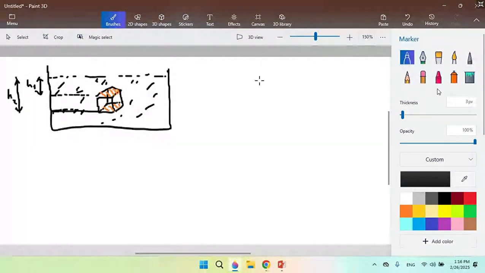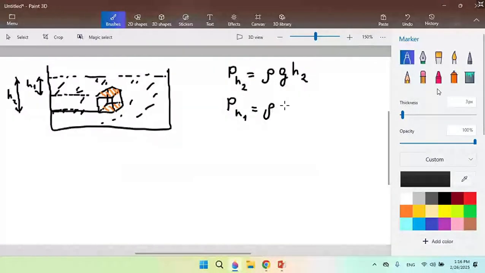And the hydrostatic pressure being experienced by the bottom side, let me term it pH2, is, what is it? Rho g H2. The hydrostatic pressure being experienced by the top side is rho g H1. Which pressure is bigger?